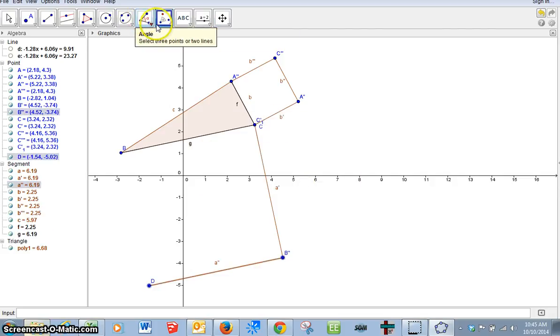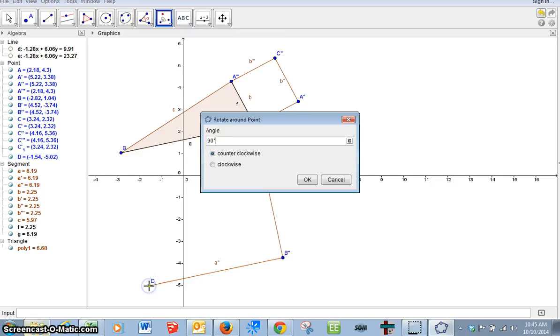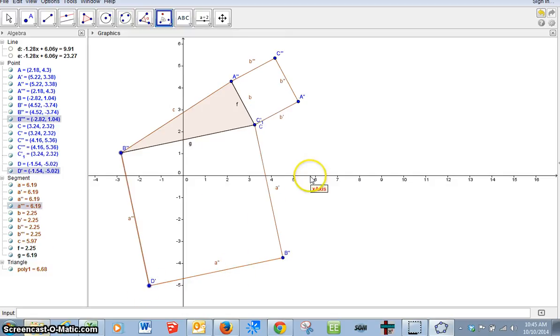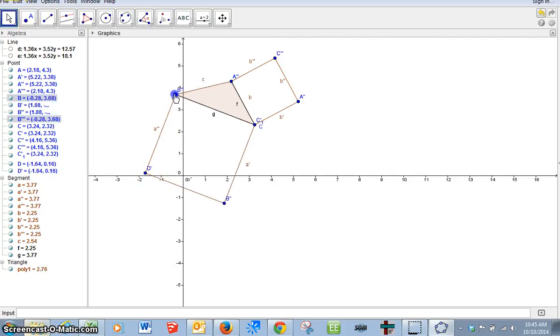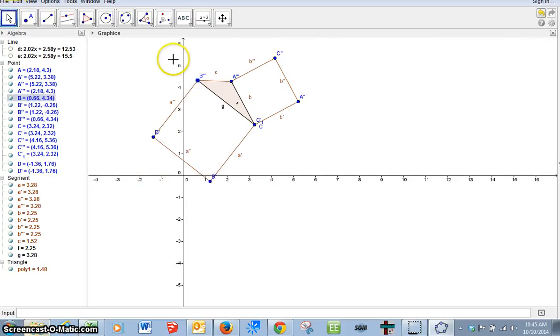And rotate again counterclockwise around D. Let's see how that moves around. It's kind of cool. And let's make one more segment.